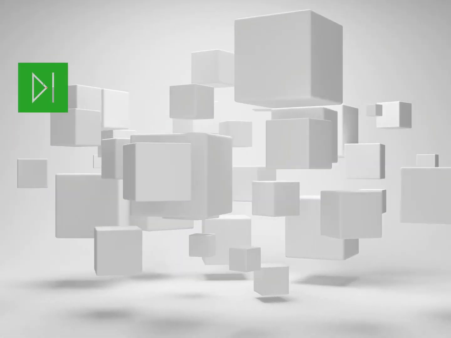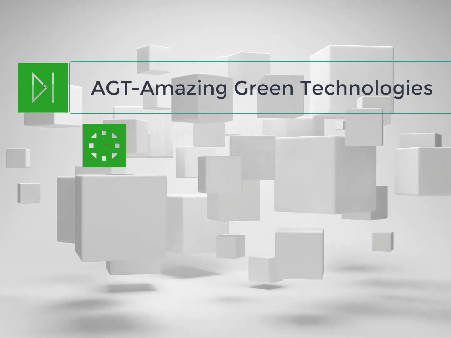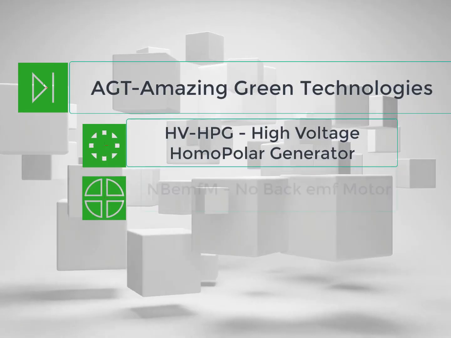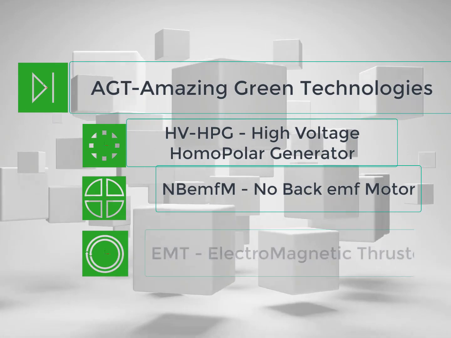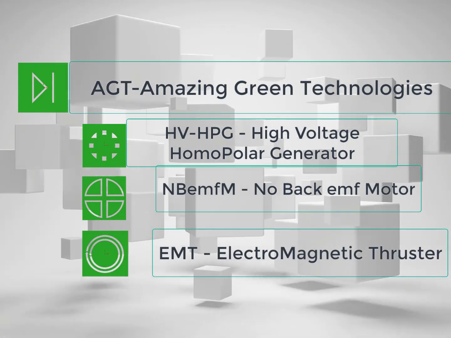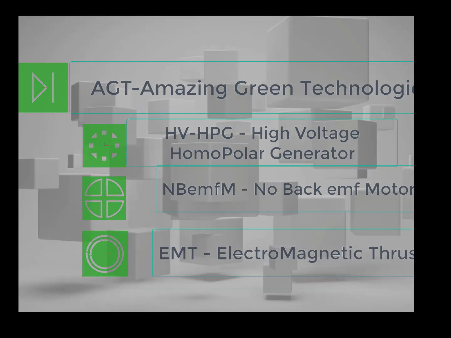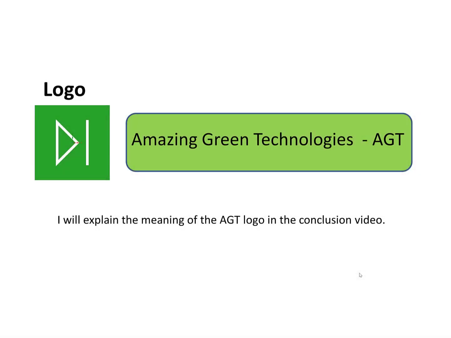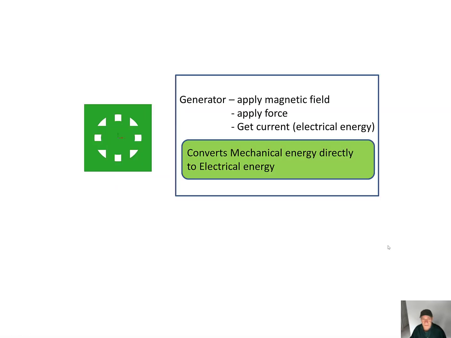In this video, we will describe the design of the high voltage homopolar generator. The generator is: you apply a magnetic field and you apply a force and you get current, electrical energy.